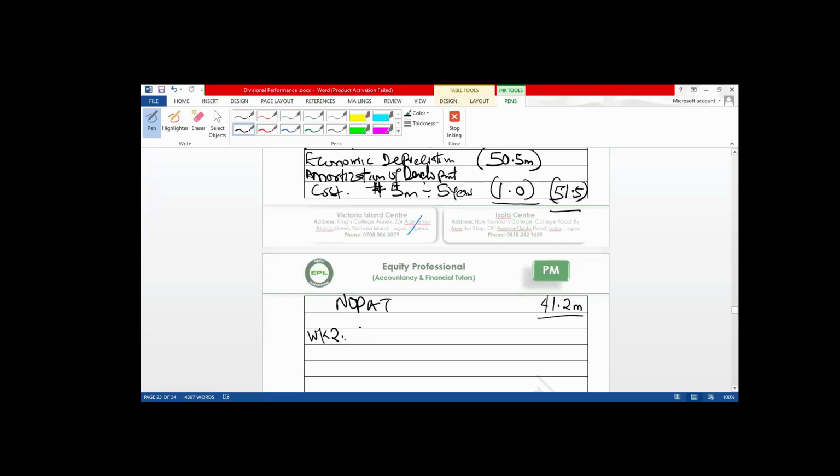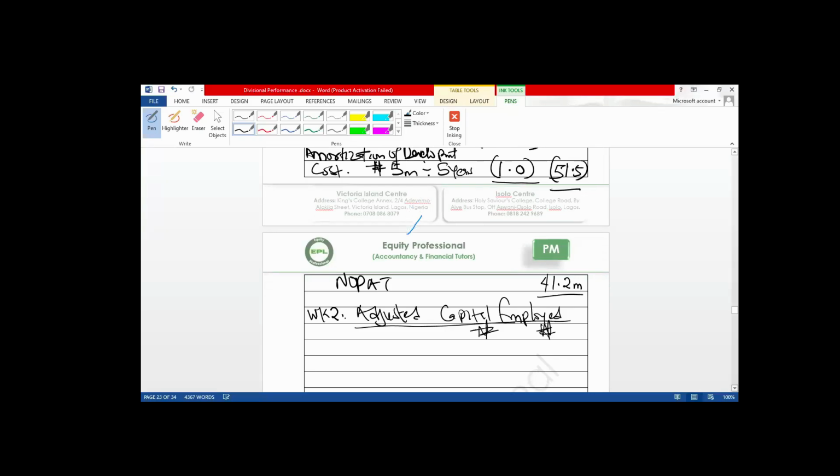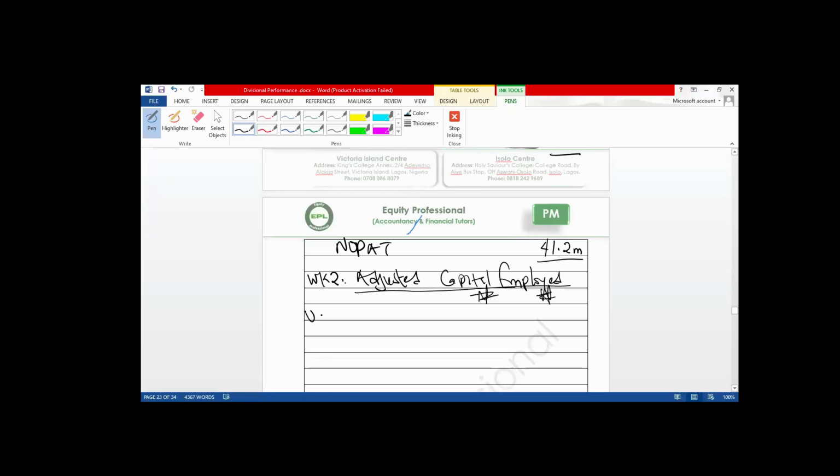Working to adjusted capital employed. Start with your opening capital employed balance.